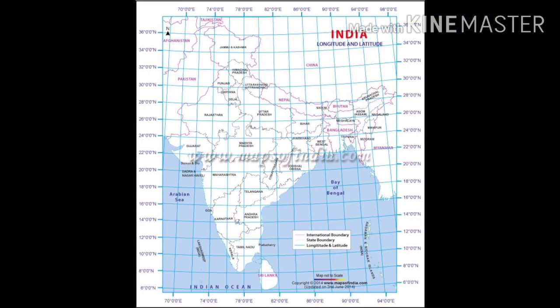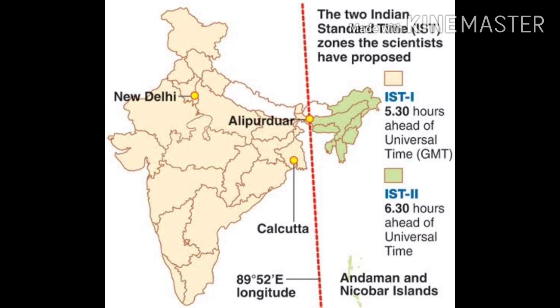We can find the exact position of the place at the point where these two lines cross each other. For example, New Delhi lies approximately at 29 degrees north and 77 degrees east.